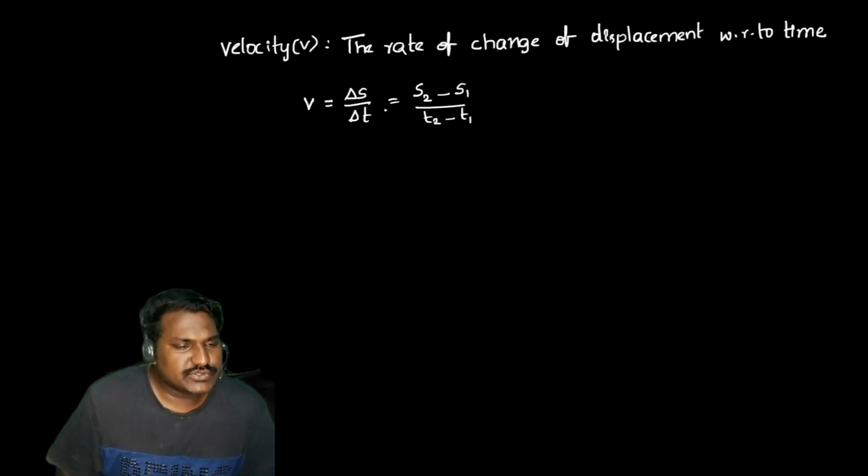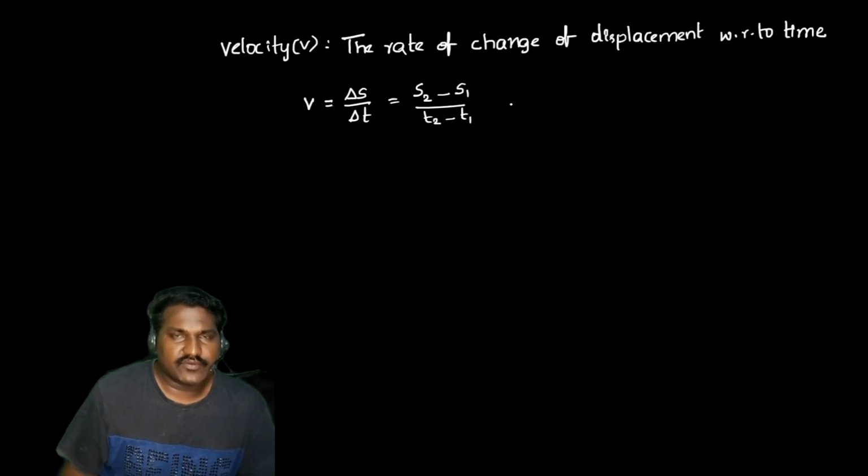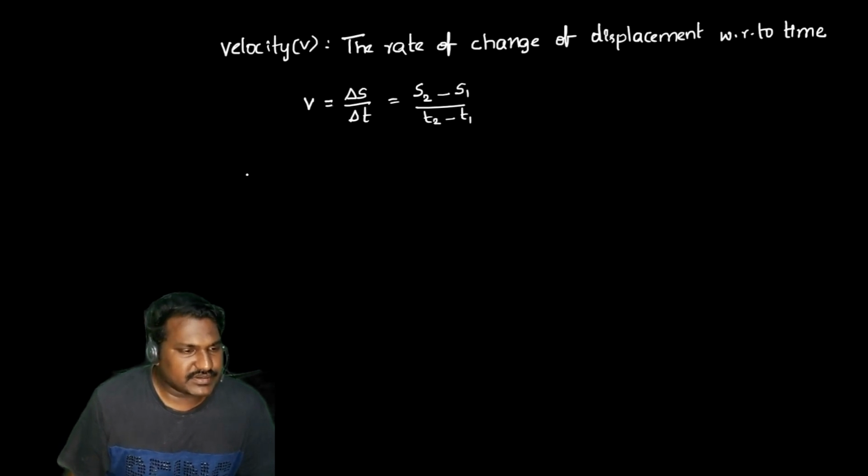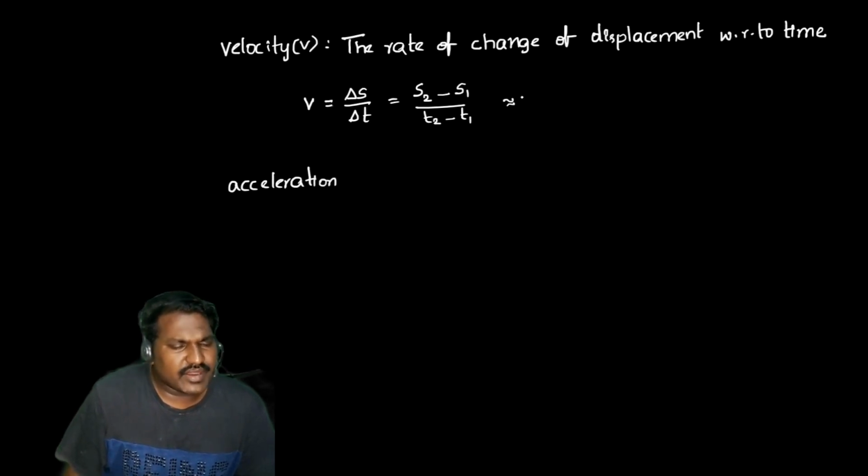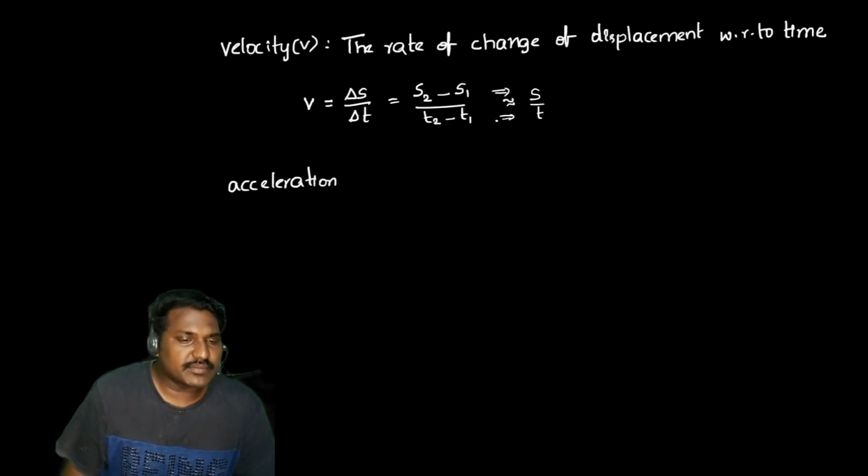For approximate values, we take it as s by t, where s indicates s2 minus s1 and t indicates t2 minus t1, the total time taken. Here s is not the displacement at any point. So I can write v as s by t.